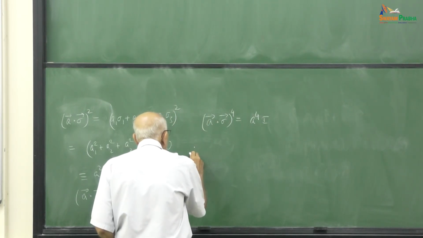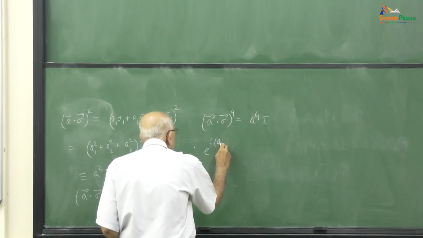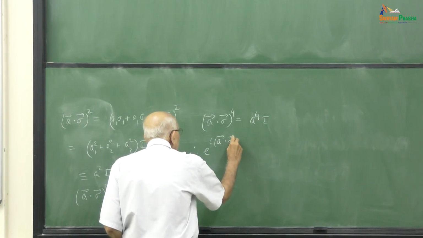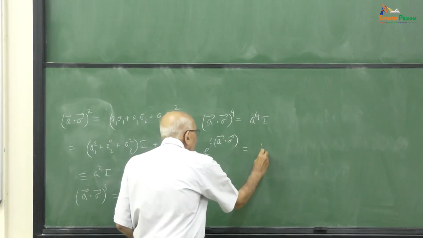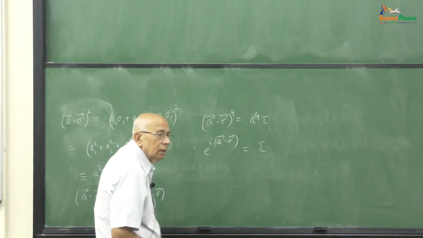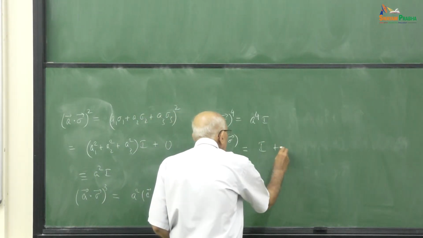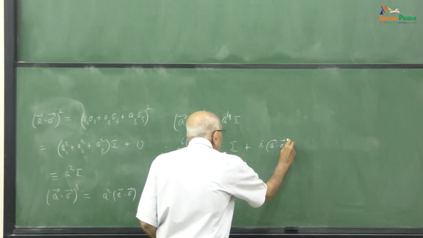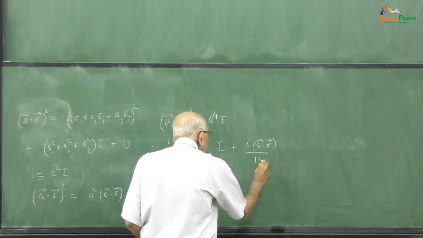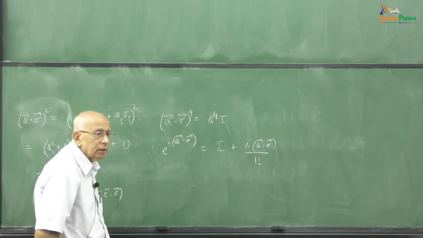Therefore, e to the i a dot sigma is equal to, well, first you have the identity matrix 1 plus i a dot sigma over 1 factorial. That's the definition of the exponential.